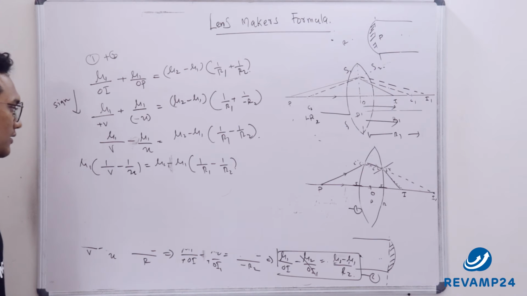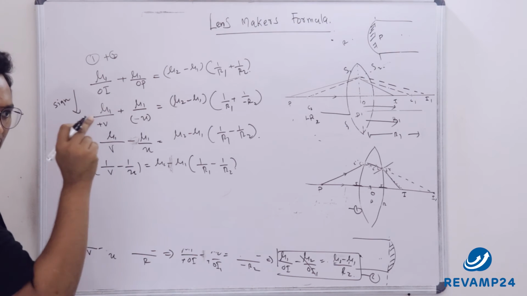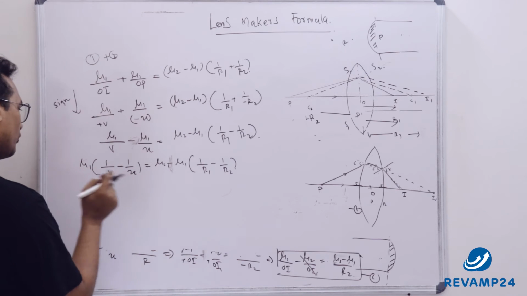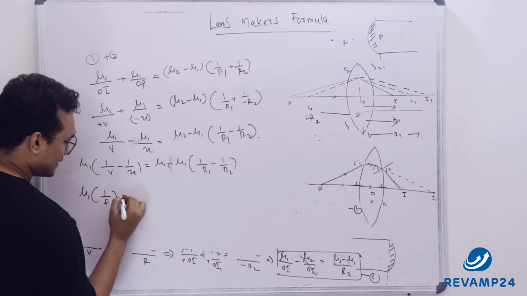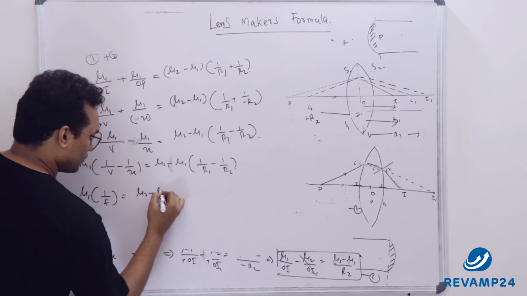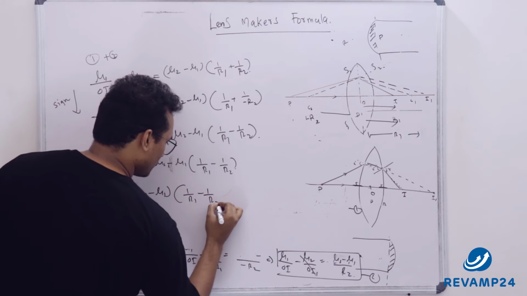We have learned previously that 1 by v minus 1 by u, in the case of a lens, is 1 by f. So mu1 into 1 by f is equal to mu2 minus mu1 into 1 by R1 minus 1 by R2.